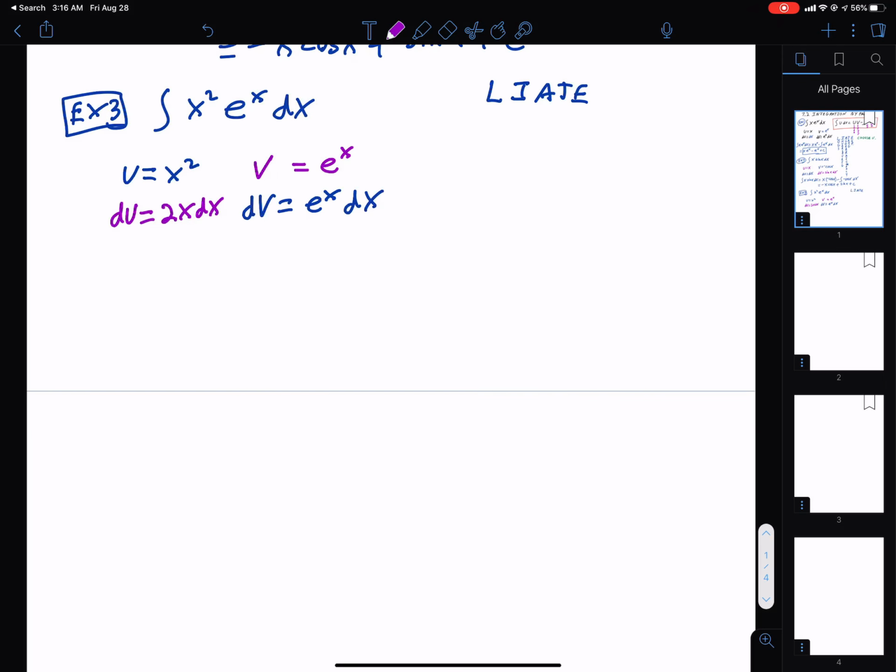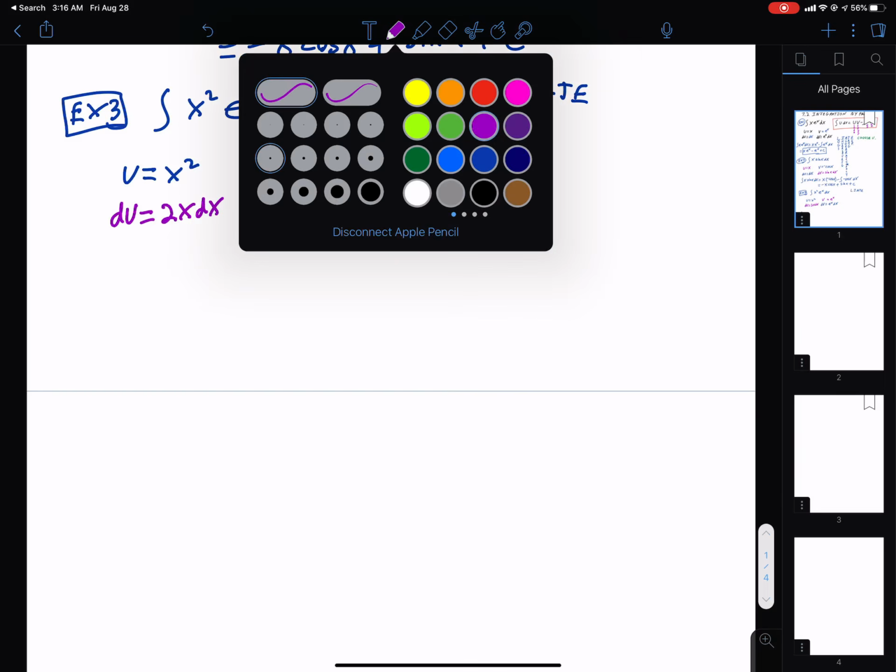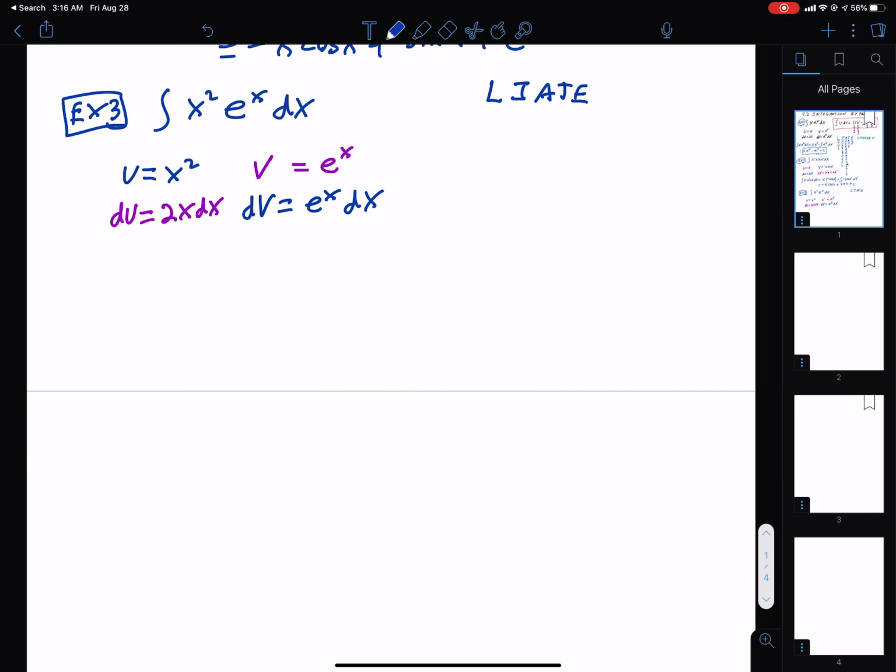Bammo. All right, you're all excited because this seems pretty easy. And you get your original integral. And you say, hey, ultraviolet, u is x squared, v is e to the x.